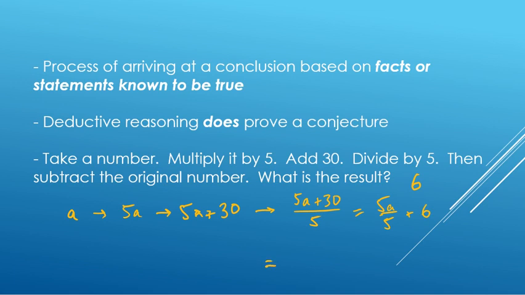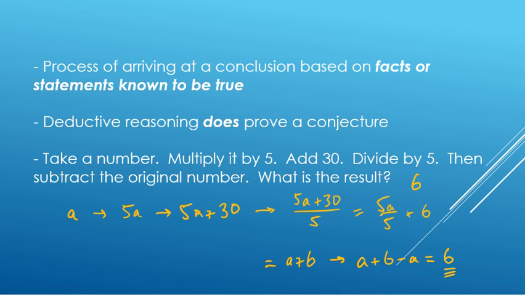And then 5a over 5, the 5 on the top and bottom cancel out, and that gives us a plus 6. And then the last step is to subtract the number that we started with. So this is going to give us a plus 6 minus a. a minus a is 0, so we're just left with 6.